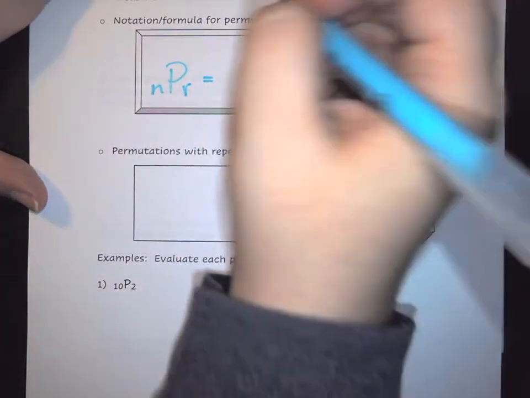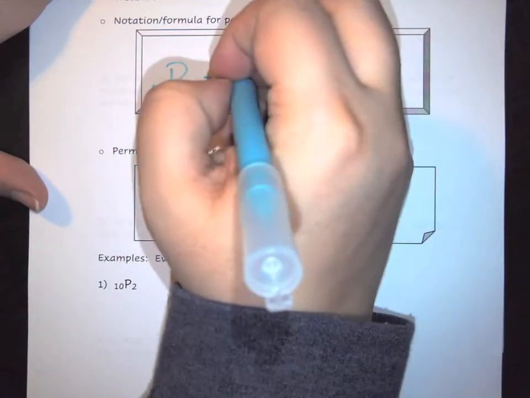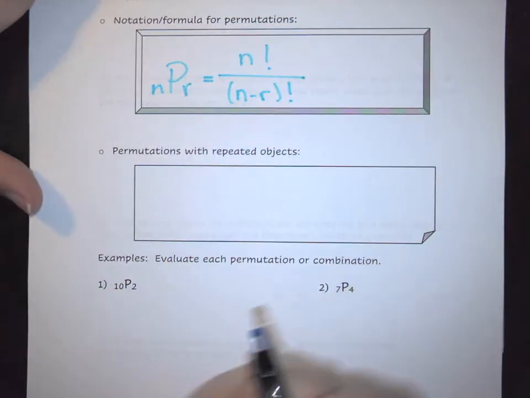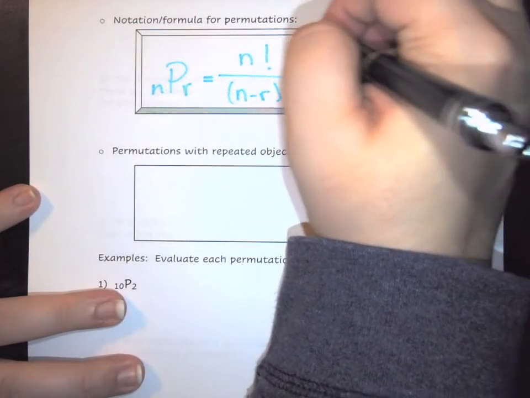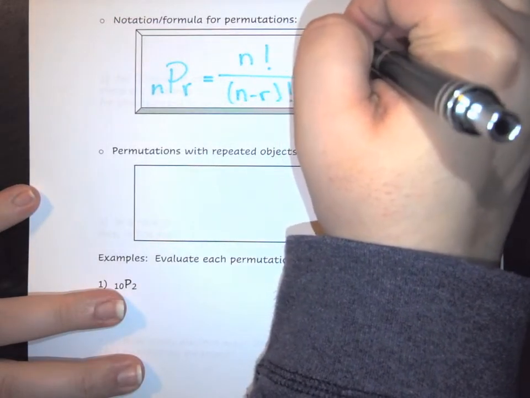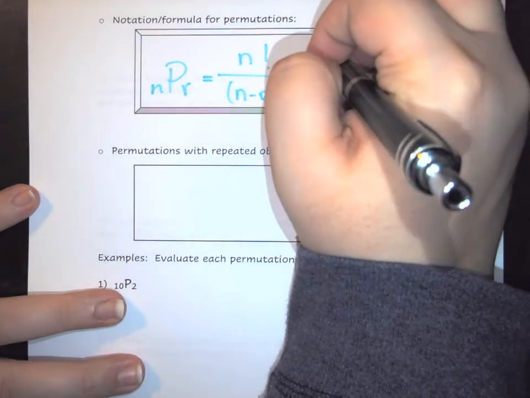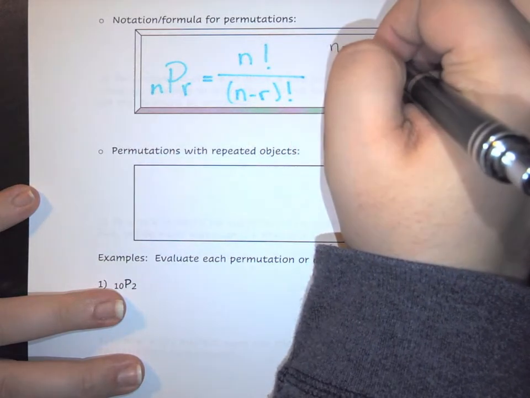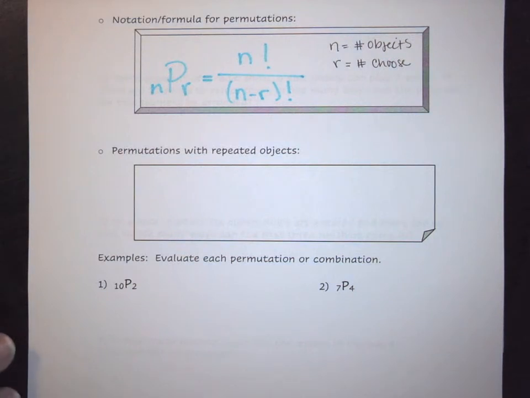And in this case, this is going to be n factorial all over n minus r factorial. Now, what's important to remember about that equation is that your n is going to equal the number of objects that you have, whereas your r is going to equal the number that you choose, or the number chosen.